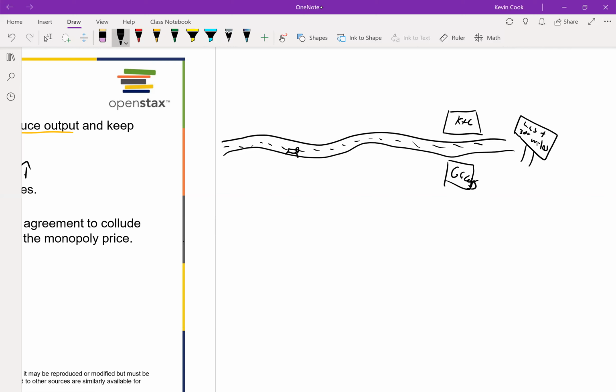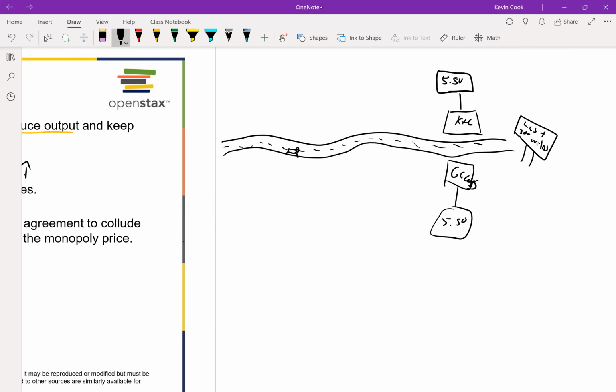Now, if they decide to collude, they're going to both charge a high price. So they might charge, say, $5.50 a gallon for gas because they can. There's no one to compete with. So they agree, hey, we're going to charge this high price.